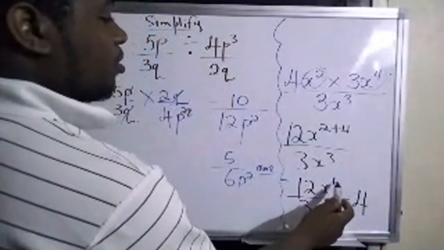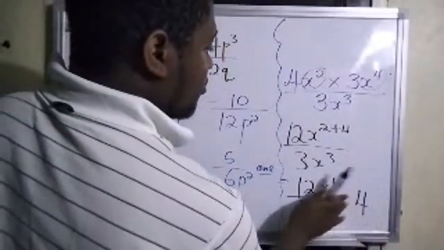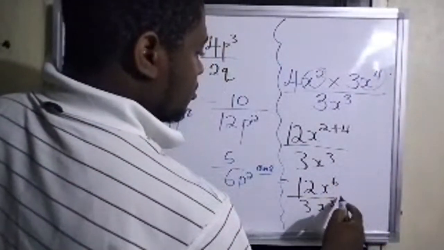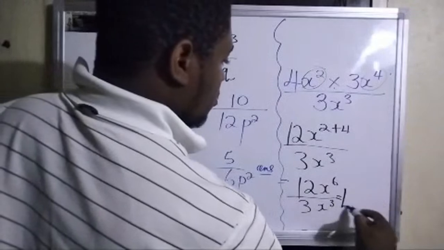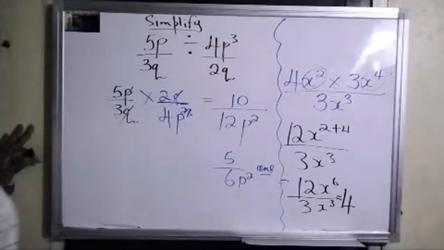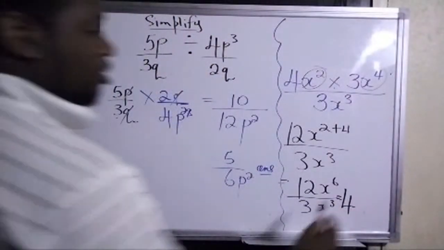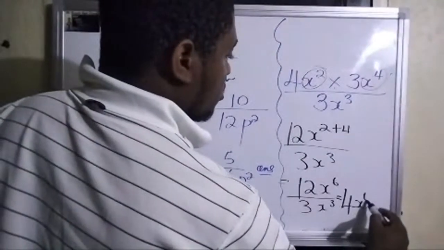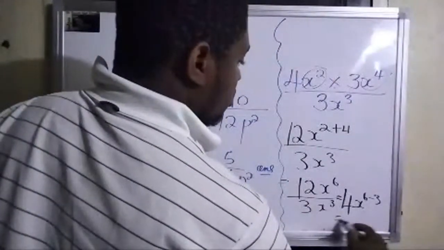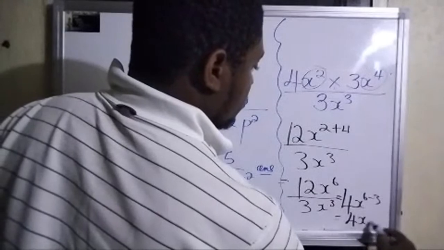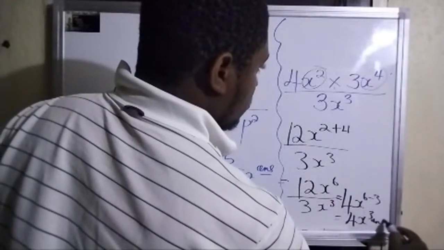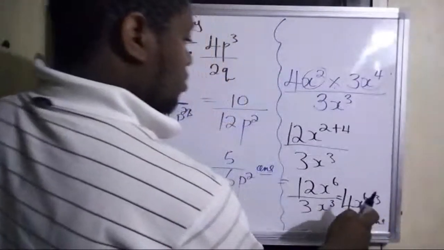Yes, so when we are dividing, we are subtracting. So it would be x to the 6 minus 3, which gives us 4x cubed. And that would be our answer.